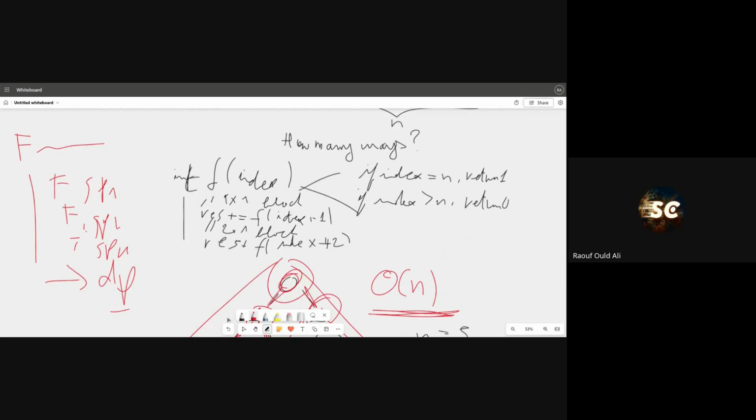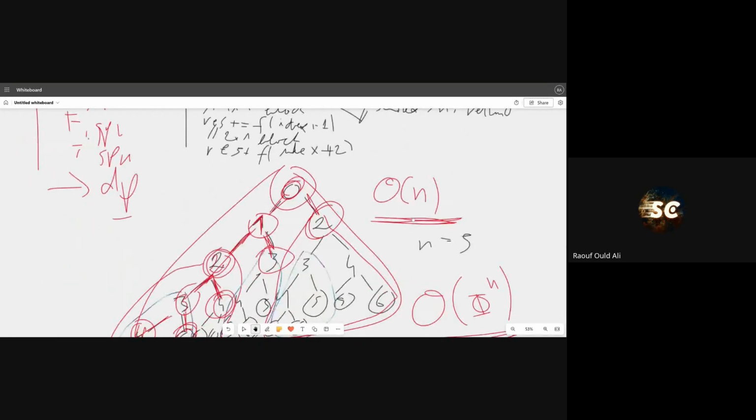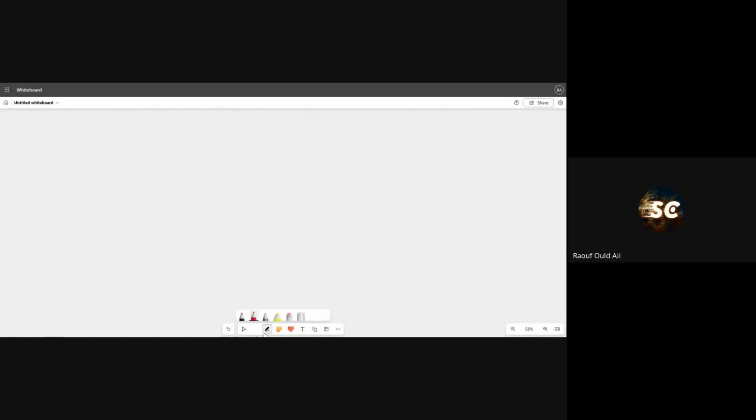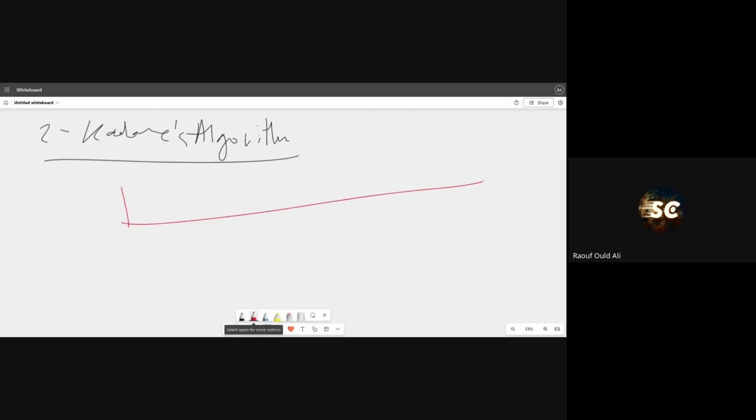Now, let's see another example. Okay? So, Kadane's algorithm. We are given an array of n elements.